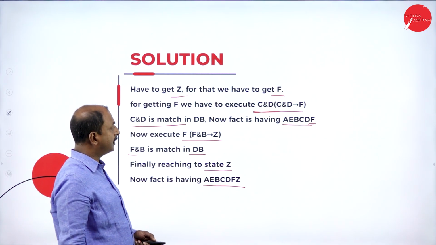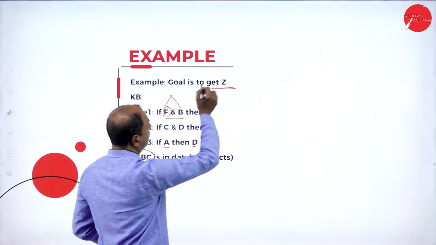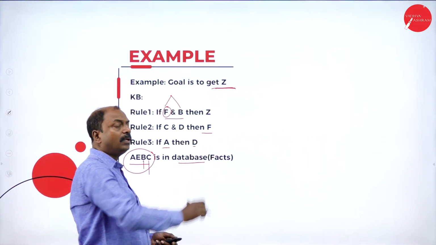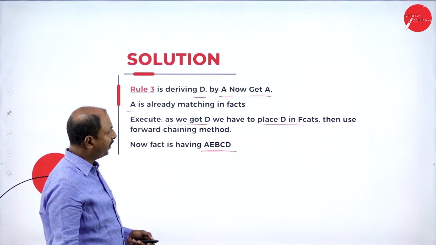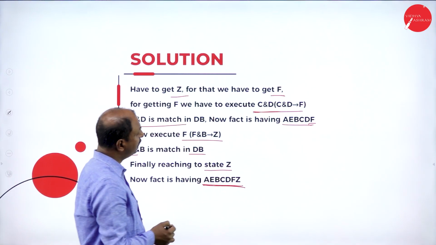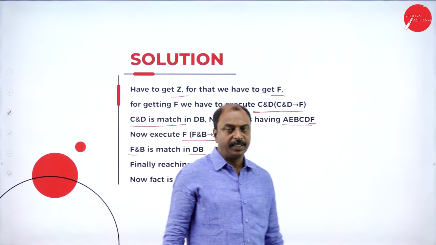If you look at the question, the goal is to get Z into the database with the following facts or knowledge base. Finally we got the database with Z included. So this is the concept of backward chaining.